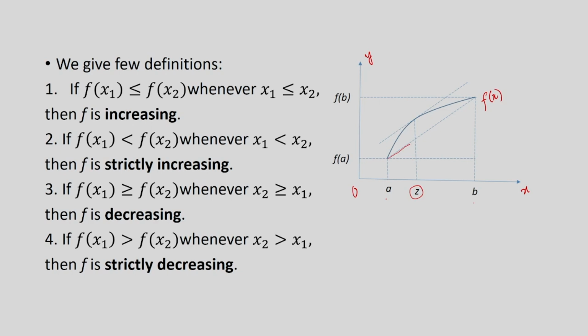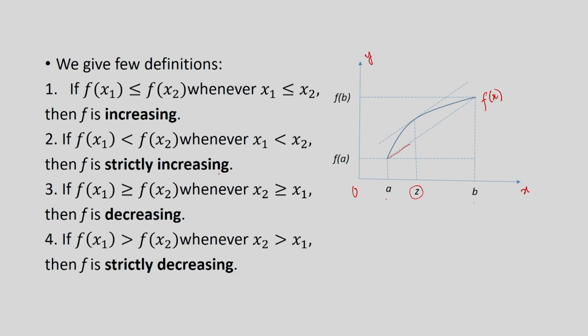Okay. We give a few definitions now. Number 1, if f(x1) is less than or equal to f(x2) whenever x1 is less than or equal to x2, then f is an increasing function. So, x is rising, in that case f is also rising in a weak sense, then f is called an increasing function.